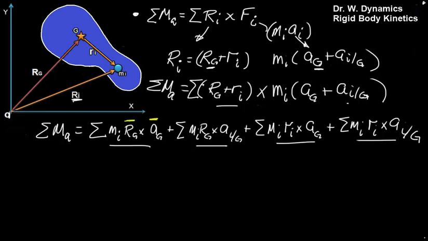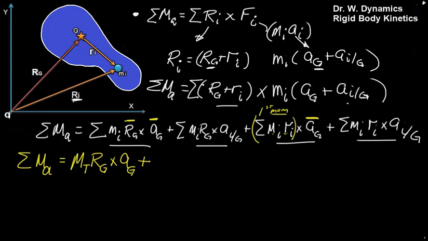So they can come out of the summation, and the sum of the mi's is just m total. So we'll get that the sum of moments about A, m total Rg cross Ag for that, plus. And if we want to look for other easy ones here, this is a constant, so that's not inside the summation. The summation is only here. And the sum of the miRi's, where little case r is with respect to the centroidal axis, that's the first moment.